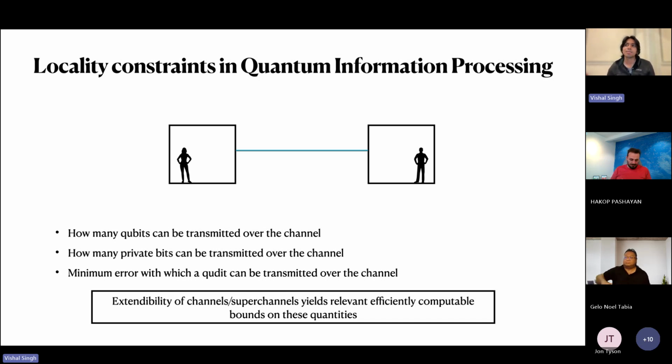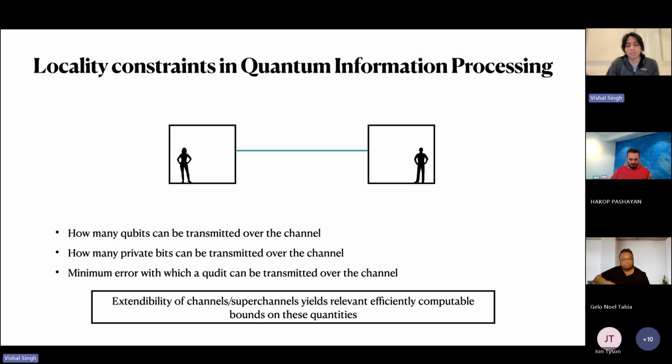And that is something that you can relate to the problem of separability and show that it's NP-hard to compute. And so we use this idea of extendability of channels to simplify the question and obtain upper bounds on these quantities.